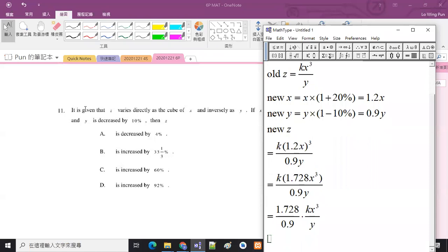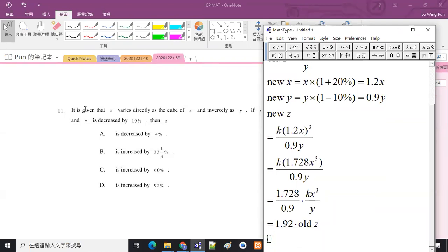And then 1.728 divided by 0.9 should be equal to 1.92, and then times the old z. Okay, can you get this? New z is equal to 1.92 times old z.